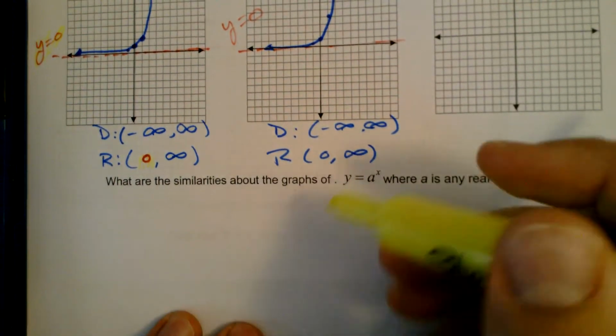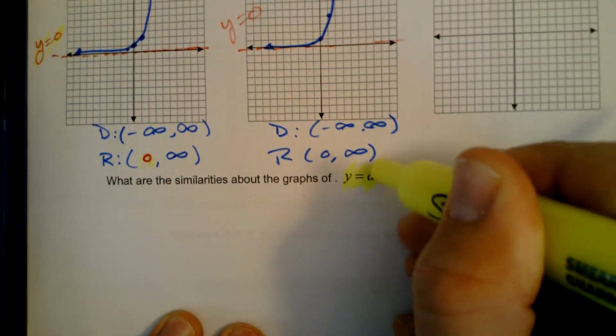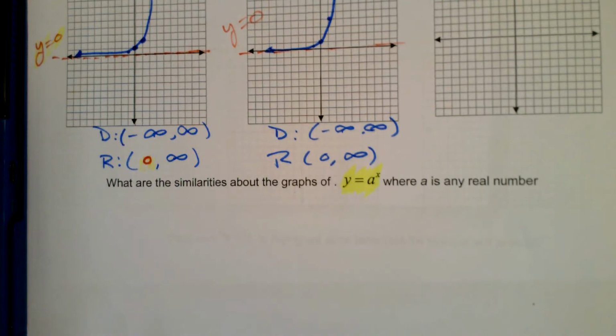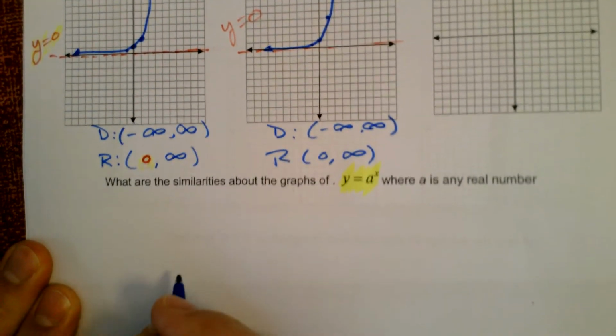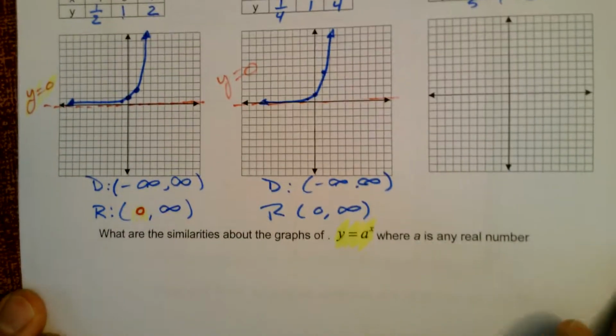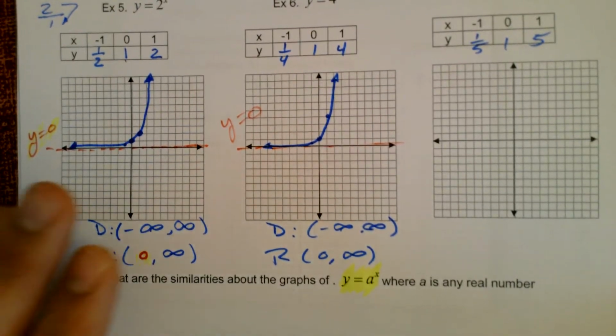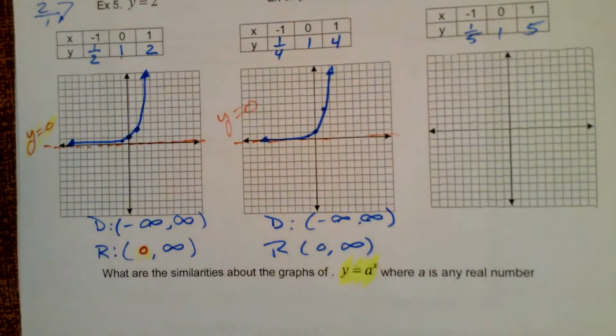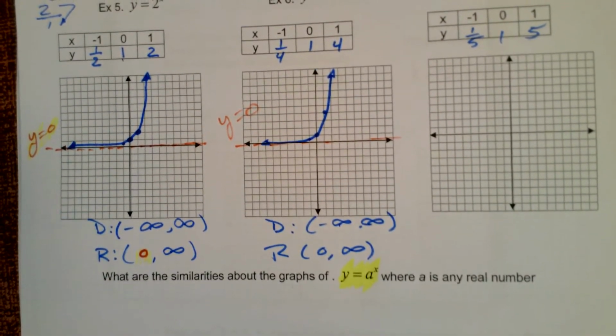So I want to talk about the similarities that you see when you have y equals a to the x, where a is any real number. It could be 2, 4, 5, whatever. The first thing you guys notice is what? What do they have in common? What do you see with these graphs here? Shout them out.